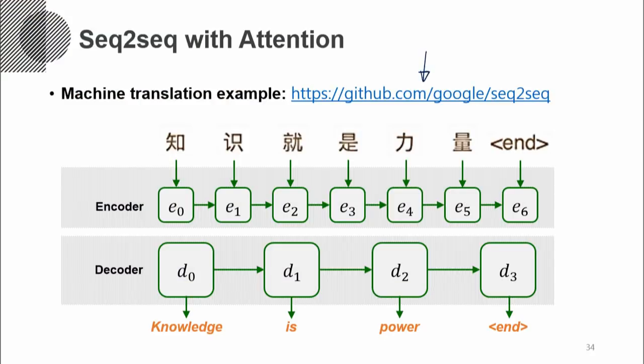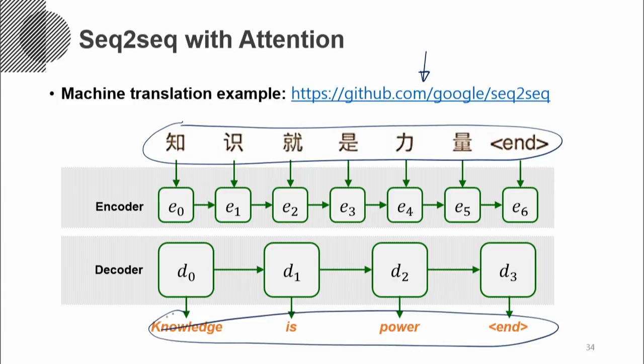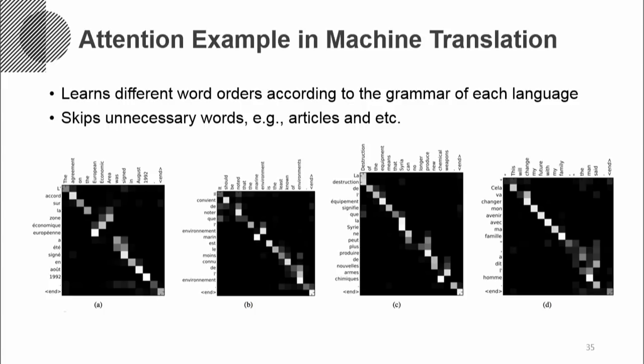For more examples, you can look at this website, which is Google's official TensorFlow-based implementation of this sequence-to-sequence model with attention. Given the source sentence, it will generate this output, but when generating each of these output words, it will have different attention vectors. Now let's look at this attention example. Suppose we have this source sentence, and these are the machine generated target sentence.